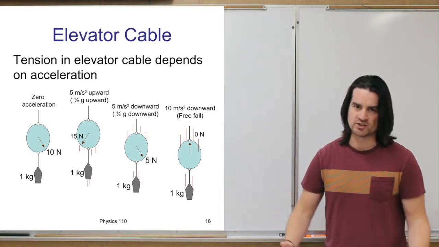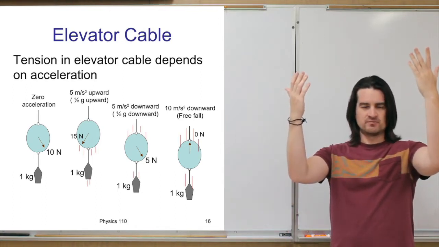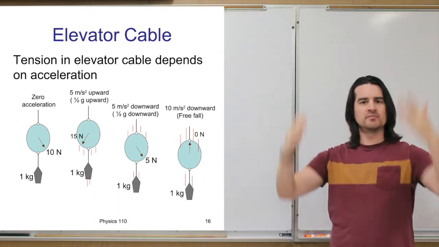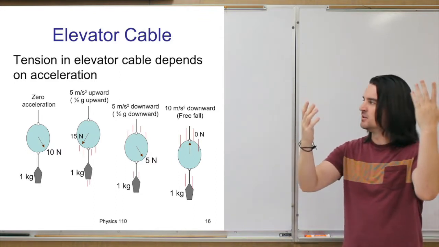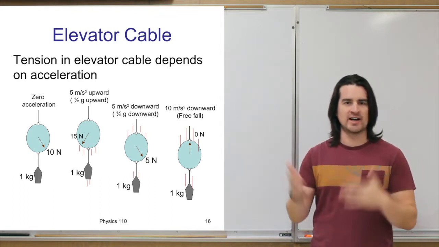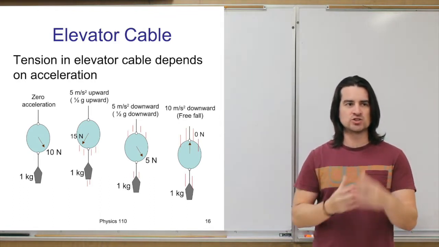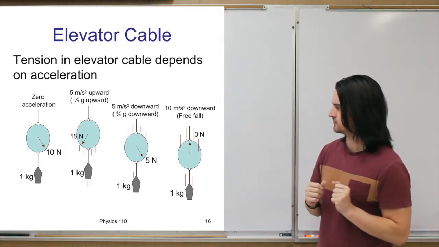Then the elevator has started from no motion and speeds up to some velocity. So it's changed its velocity, it is accelerating, right? So you're combining the acceleration of that elevator and the acceleration due to gravity, and you can change what the measure of the weight of that object is now.